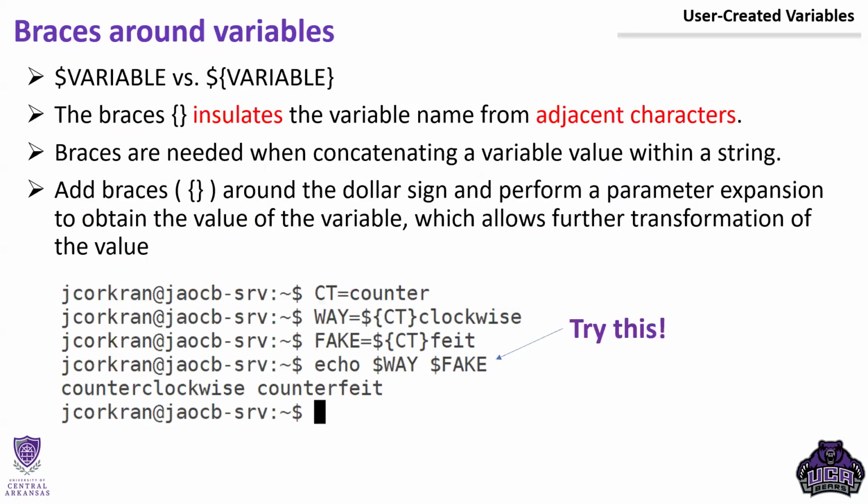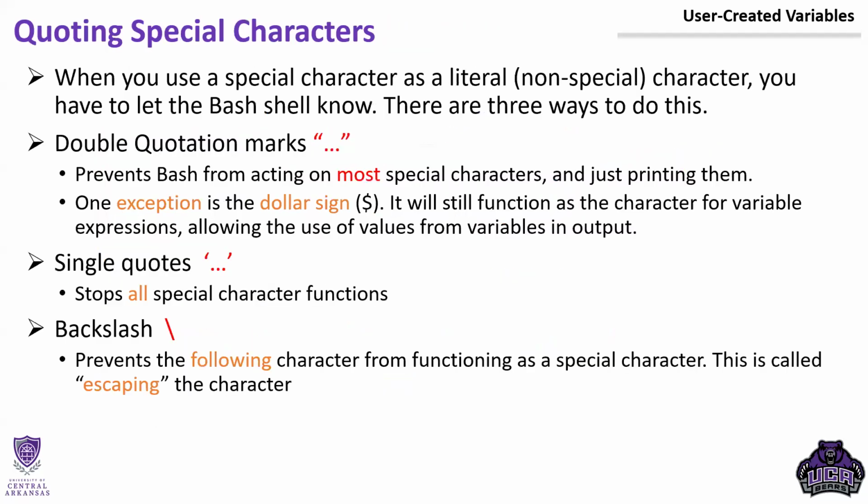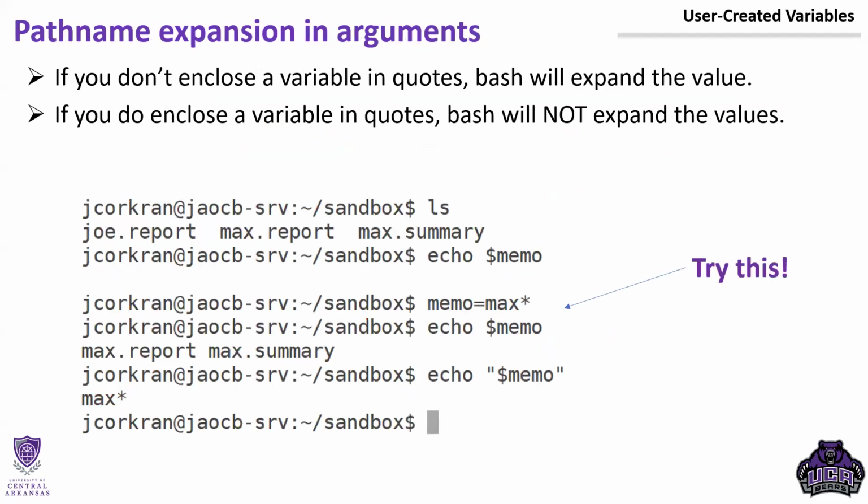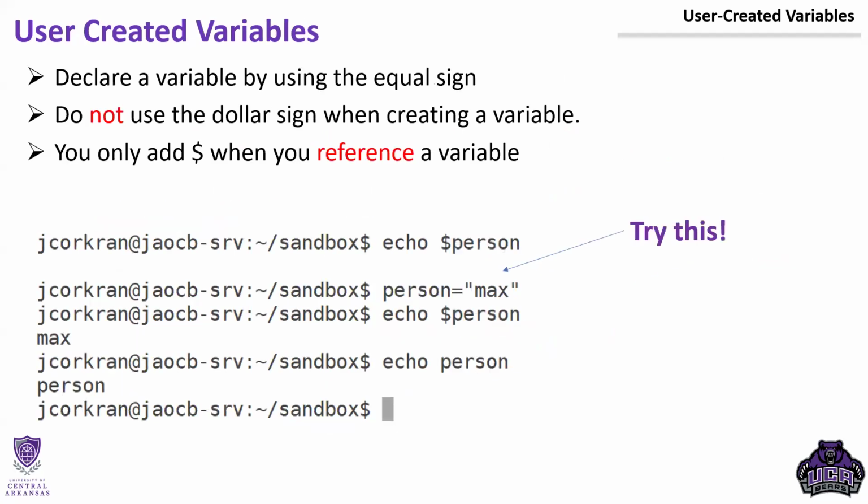All right, so we've got the curly braces that I was talking about. One thing I want to point out, yeah, right here, this is perfect. So when it comes to actually creating a variable, you can see here's the variable name that I have. I said person equals max right there.